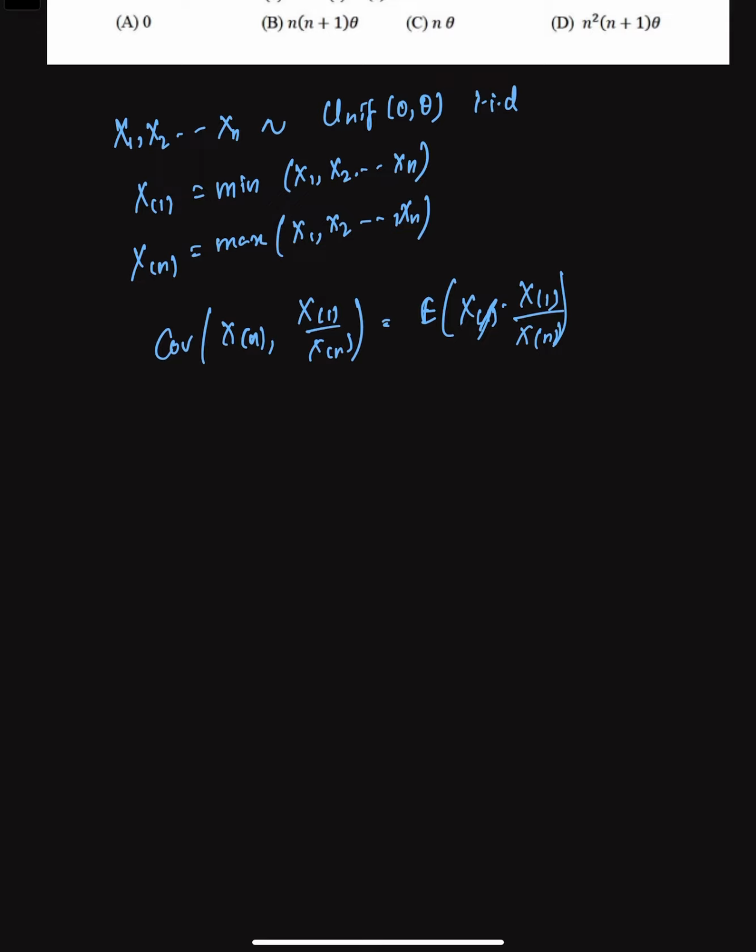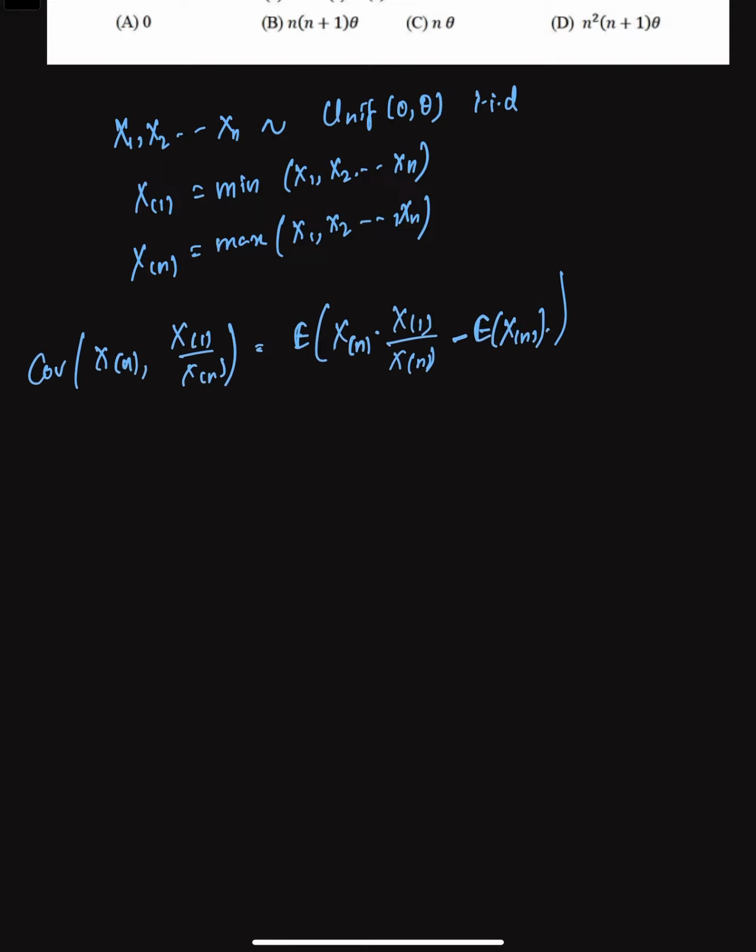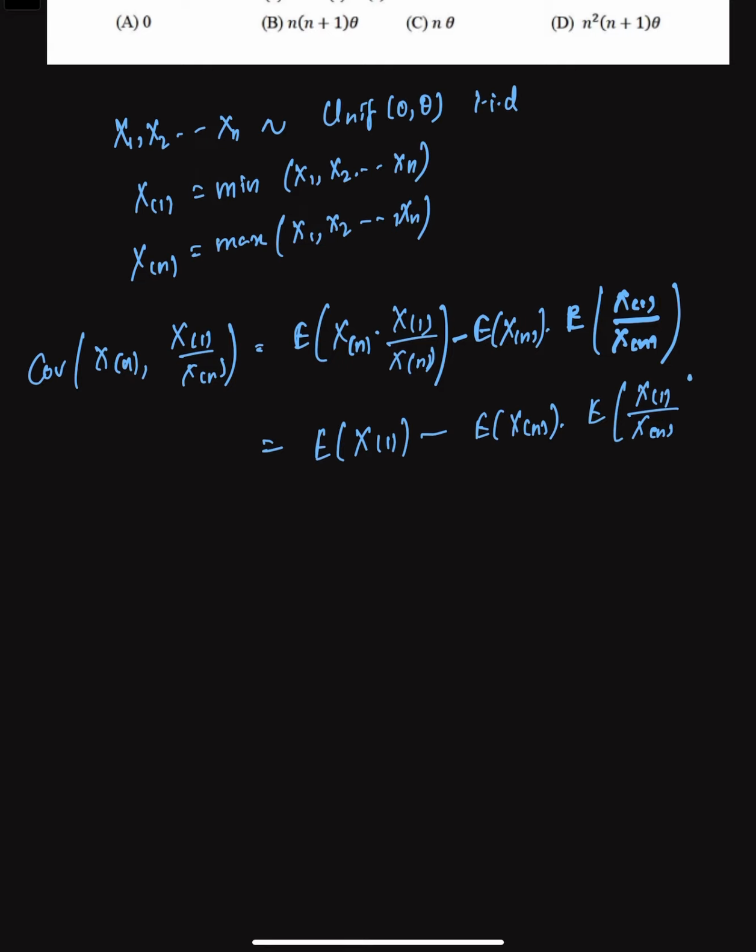So this will be expectation of x of n into x1 by xn minus expectation of xn into expectation of x1 by xn. That means this is nothing but expectation of x1 minus expectation of xn into expectation of x1 by xn.